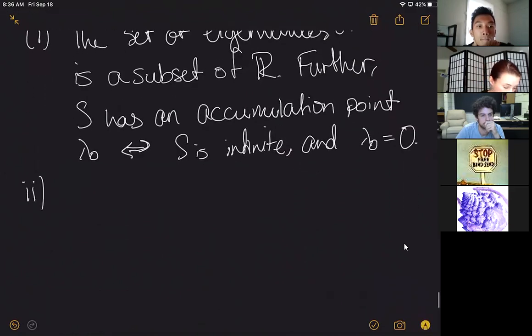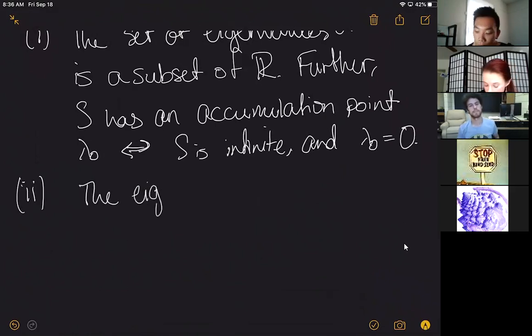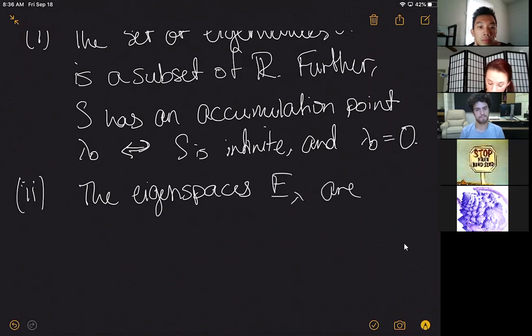Number 2, the eigenspaces E sub lambda are finite dimensional.